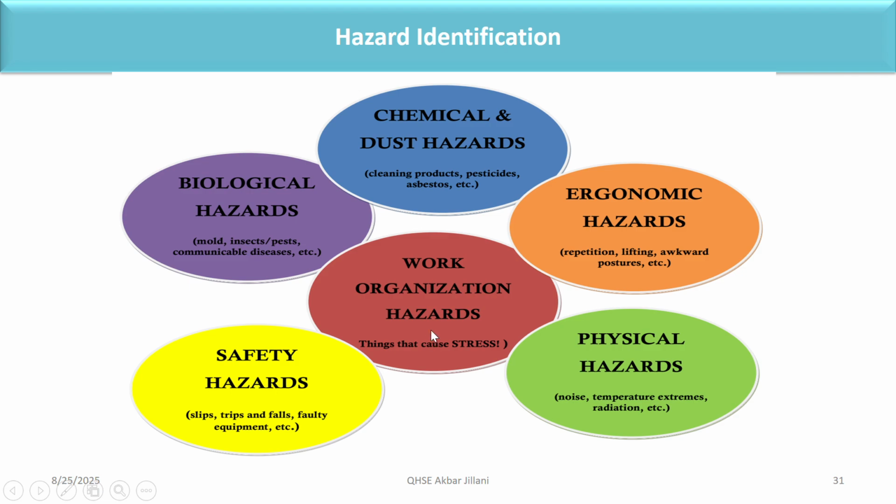So this is the center one, the work organization hazard, and it is on the top because many people are getting high BP due to stress, and also feeling of stress and job insecurity.